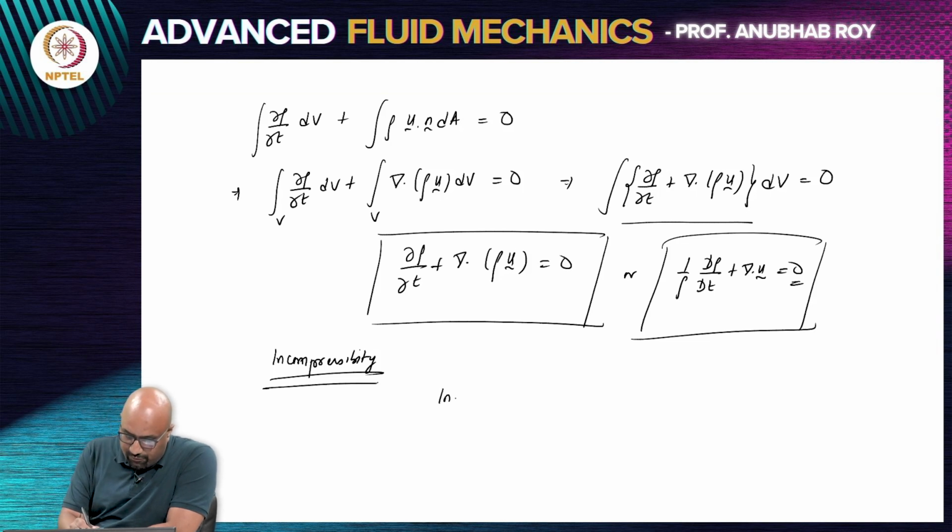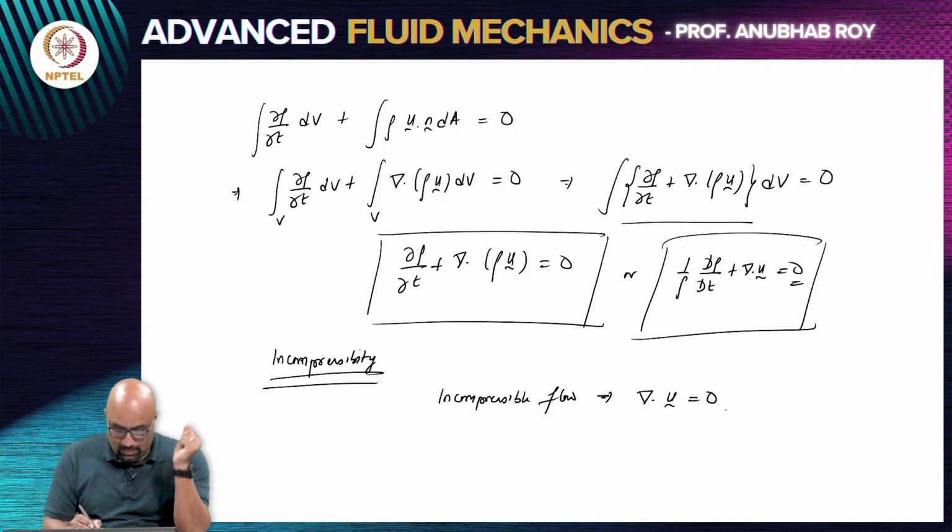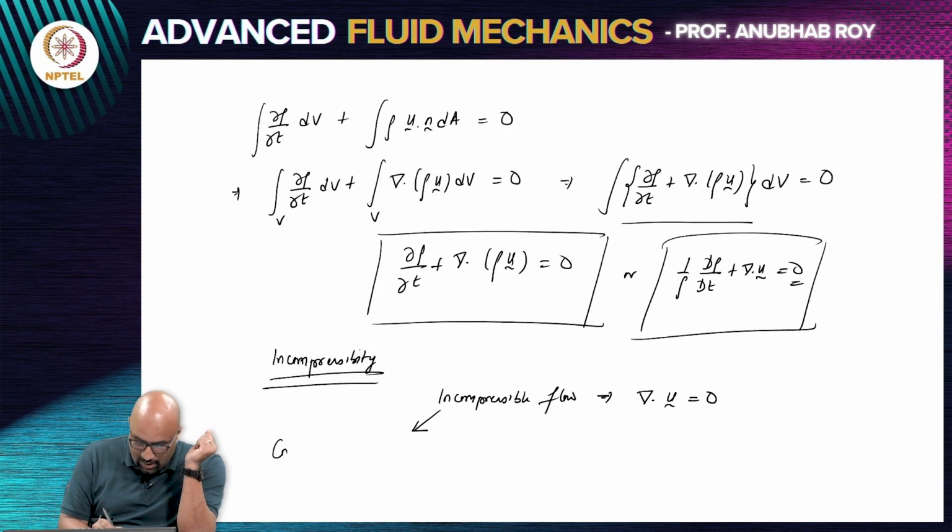So, incompressible flows mathematically are flows for which divergence of u is equal to 0. Now, a subset of incompressible flows are constant density flows.